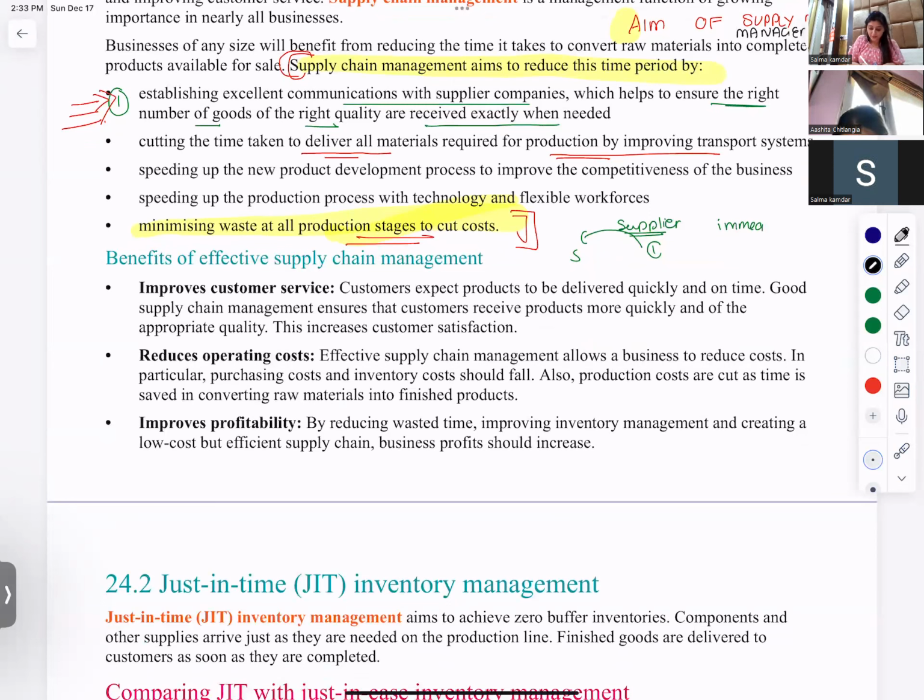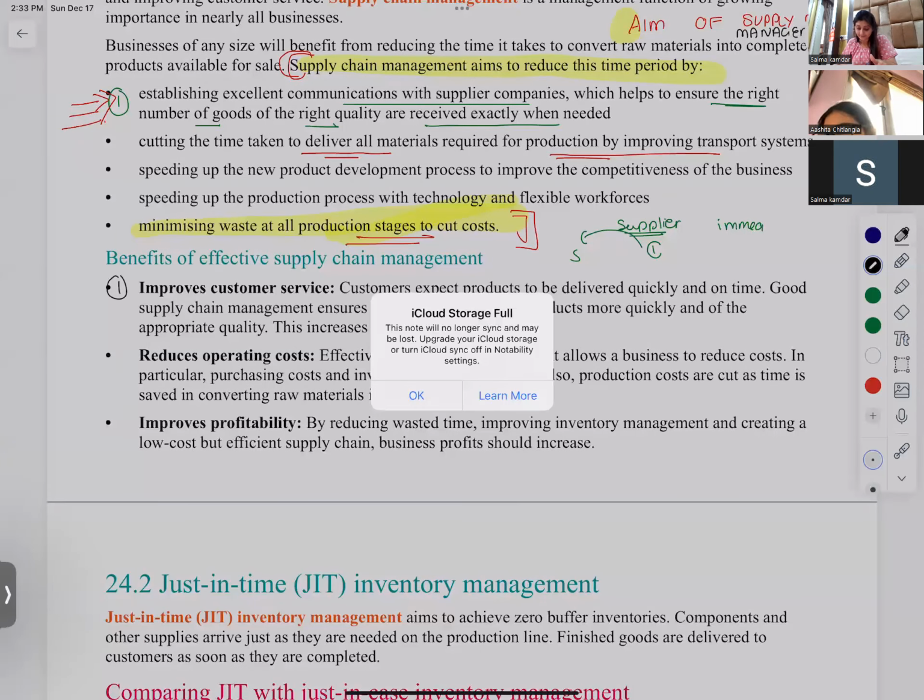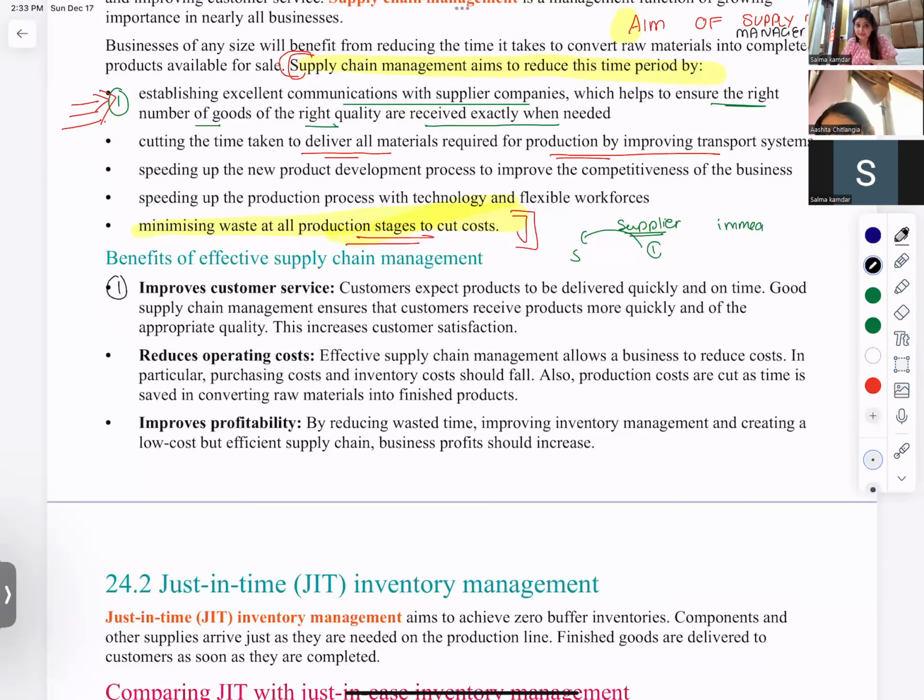So you are going to improve customer service, because you know your production is going to happen at the right time, at the right price. You will be able to deliver the goods quickly, on time. So this is the benefit of your supply chain management.